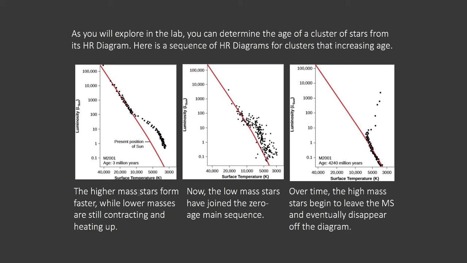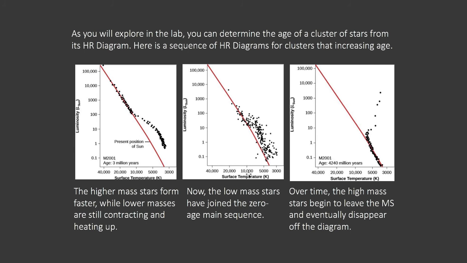The higher mass stars form faster, right? So when you have a fairly young cluster, the higher mass stars will start to populate the zero-age main sequence first. So that will start to get populated. The lower mass stars are still in the process of contracting. They haven't officially become, they're still protostars.